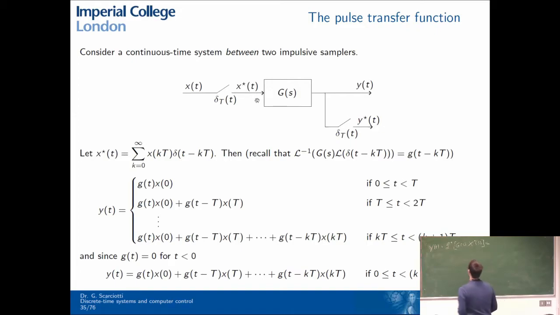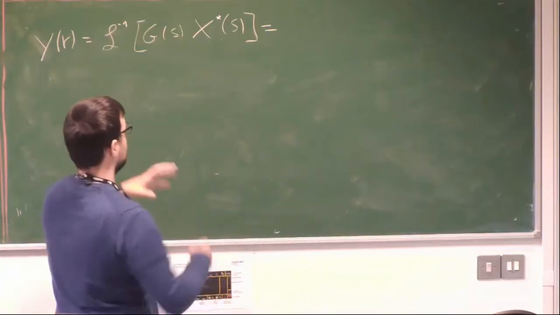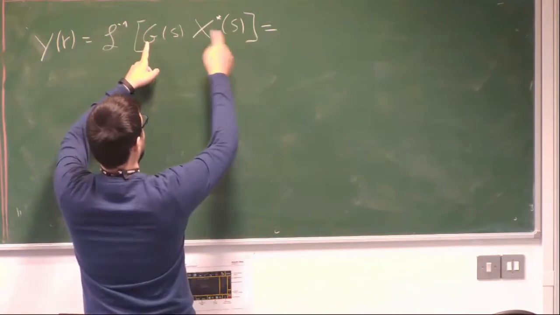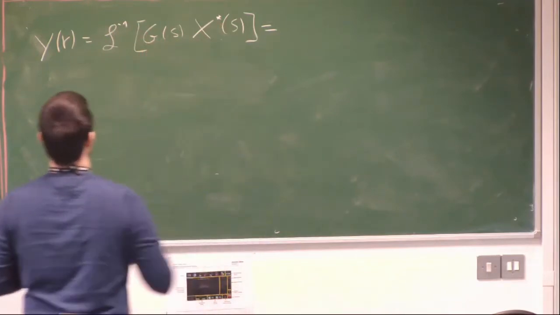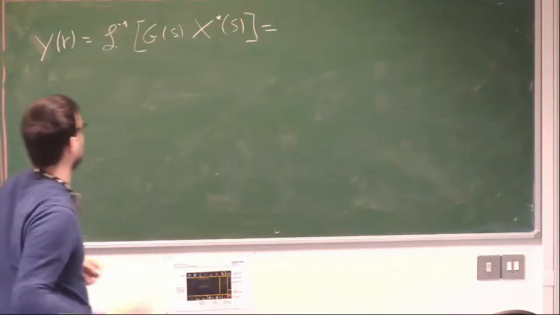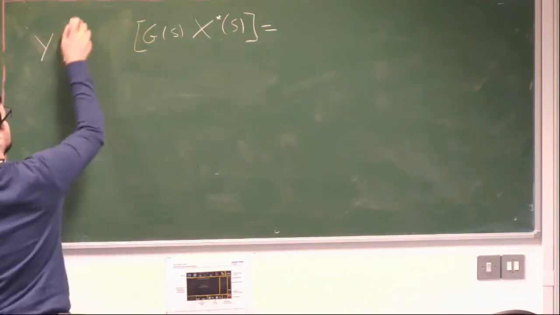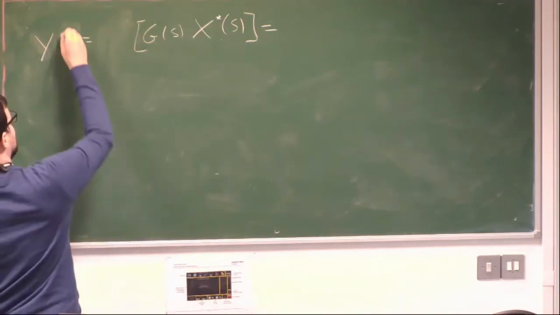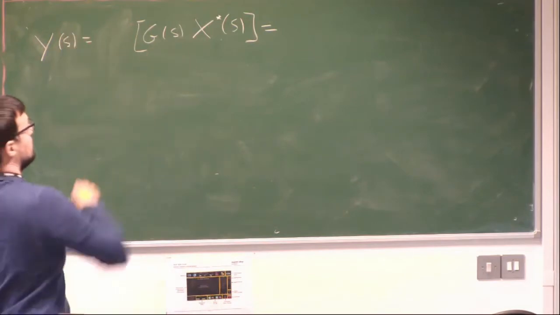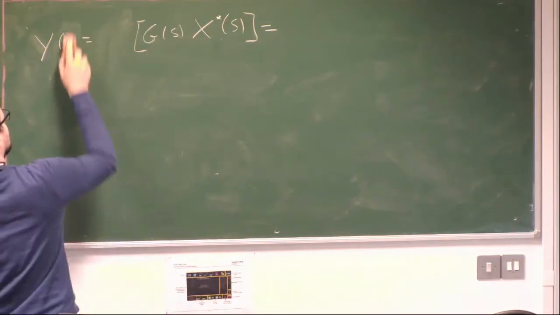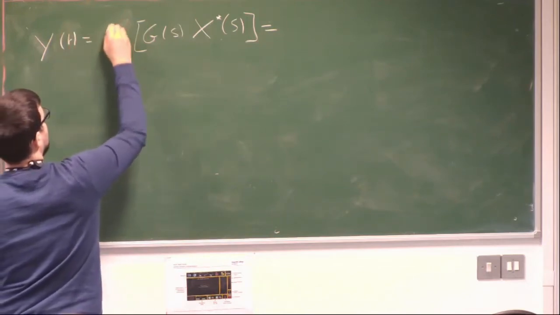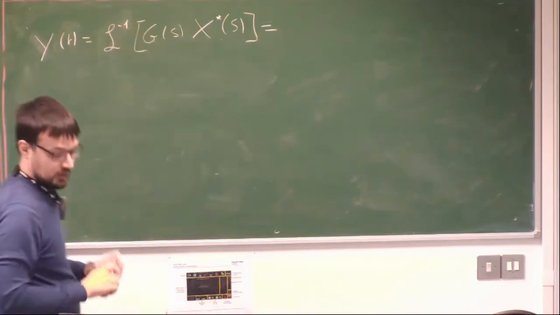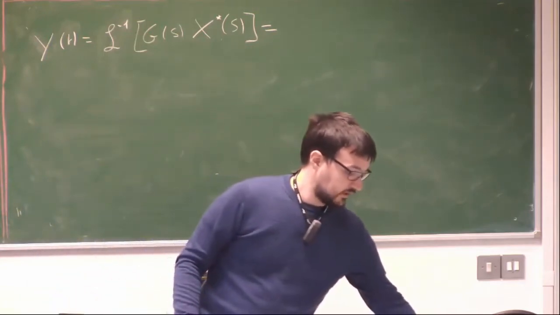We have seen that the interconnection is described by g of s times x star of s. In other words, we have shown in the previous lecture that y of s is equal to this expression. Now what I want to compute is y of t, so I want to compute the inverse Laplace transform of this function over here.